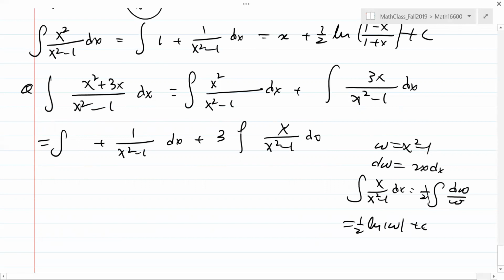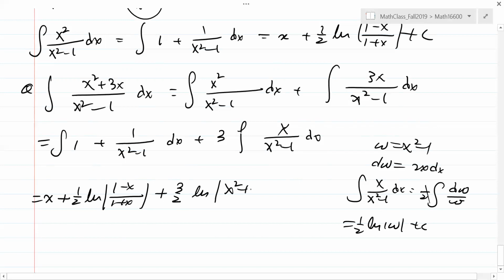So this is the idea. Okay. So now we can get the answer. Here's x, plus half of the natural log of (1 minus x) over (1 plus x), plus 3/2 natural log of the absolute value of x squared minus 1, plus constant. That's it.